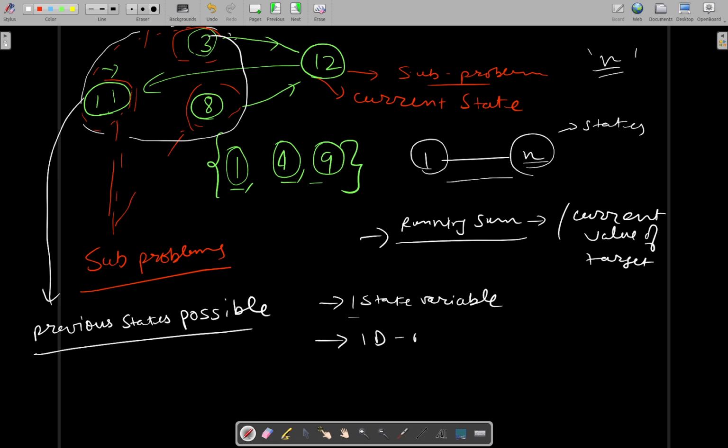Okay, so a 1D array would be sufficient to store the results of all the intermediate states. Okay, these are states. So let's see how we'll be applying dynamic programming here.